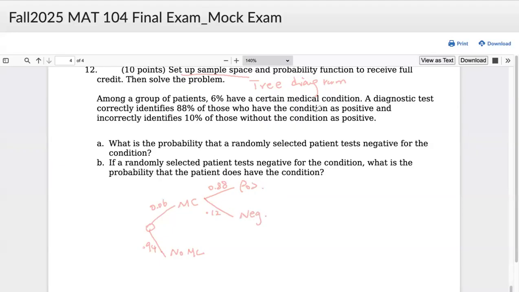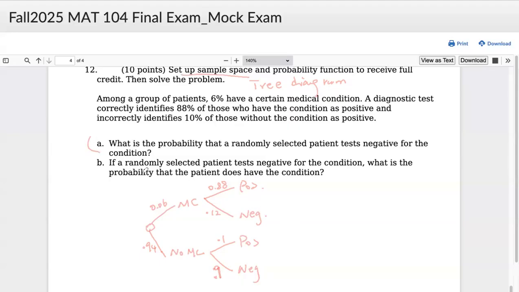Out of the people who have no medical condition, it incorrectly identifies 10%, which is 0.1, positive, but 0.9 negative. It always adds up to be 100%. You see, these two add up to be 100%, these two add up to be 100%, these two add up to be 100%. So this is the sample space. We use a tree diagram to demonstrate.